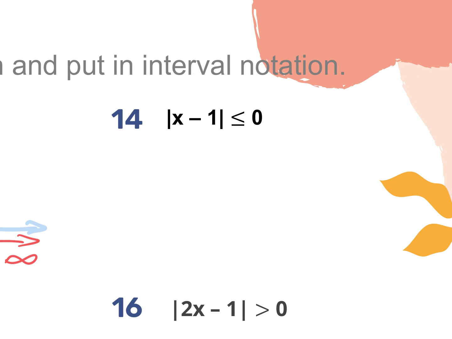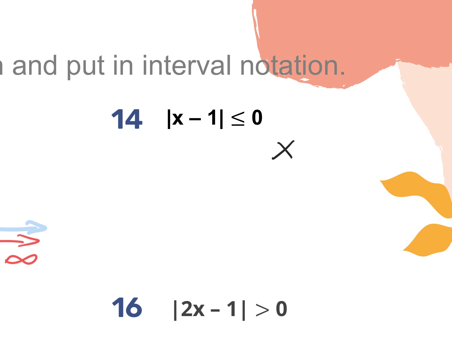The next one, also another special case. Whenever you see that your absolute value has a 0 over there, and it's going to be less than or equal to, or greater than or equal to, or less than or greater than, and it's a 0 or a negative number, you need to stop and pause and think about it. So for this one, we already know that what's going to come out of this will never be negative. However, we can solve this for the or equal to part. So nothing is going to happen.